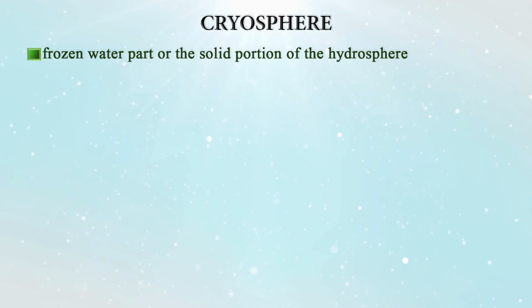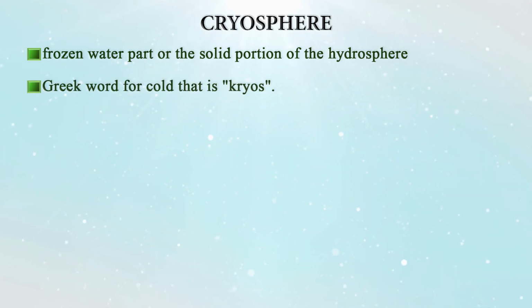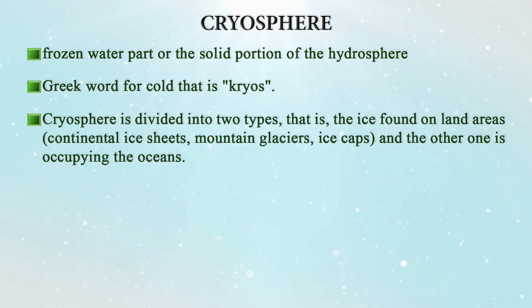Cryosphere is the frozen water part or the solid part of the hydrosphere. It comes from the Greek word cryos, which means cold. It is divided into two types, those found on continental areas and those occupying the oceanic areas.